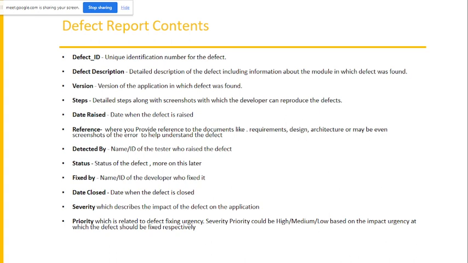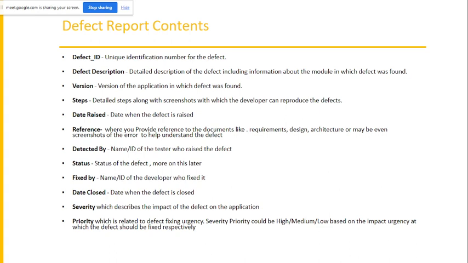So that is the reason we have defect ID, defect description, next version. Apart from these three things, many things are there. If you provide many things, the developer can clearly understand the defect so that he can easily fix it.